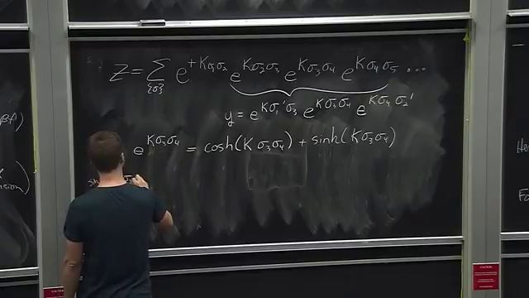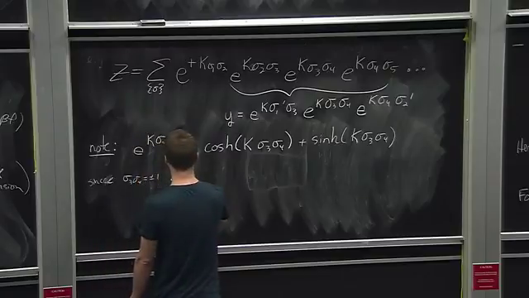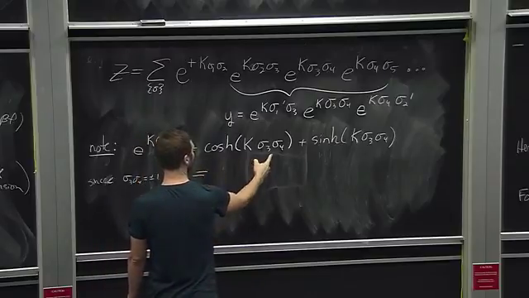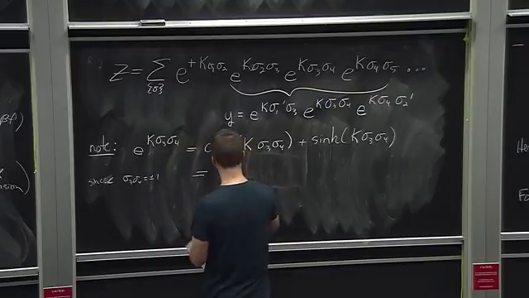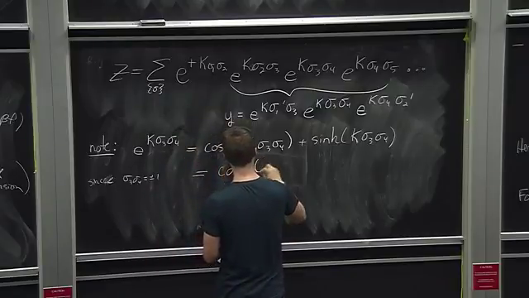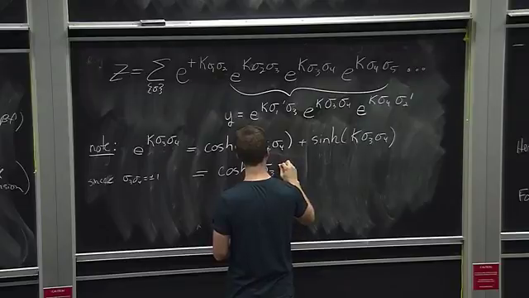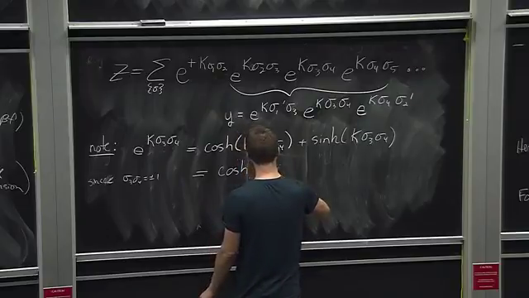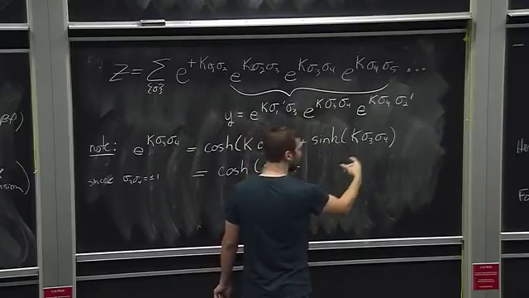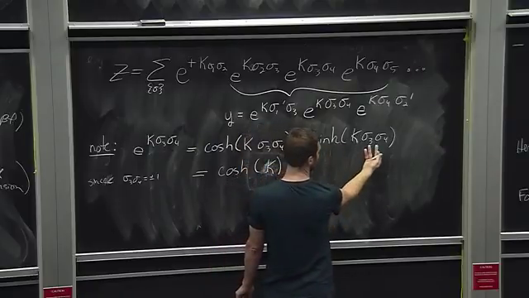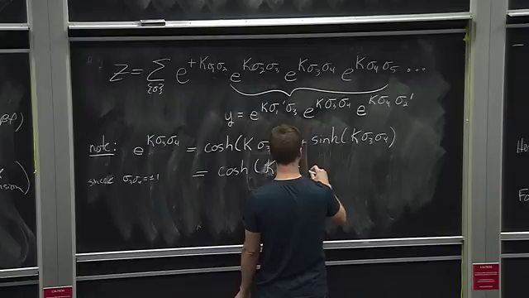Since sigma 3 sigma 4 is plus or minus 1, then this thing, if it's here, it doesn't matter. So it's just the hyperbolic cosine of K, an even function. And this is an odd function, so if the product is minus 1, that minus sign just comes out in front.